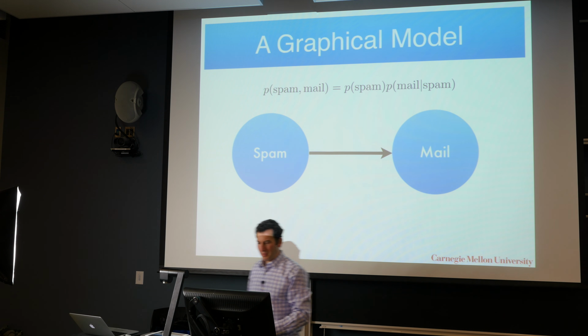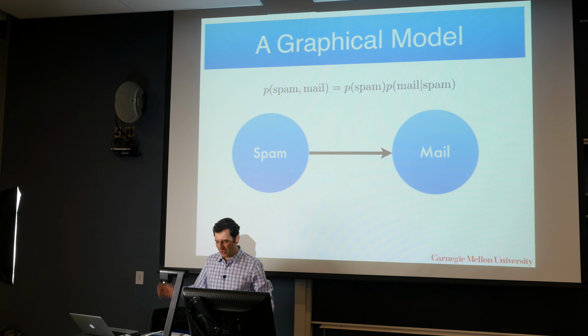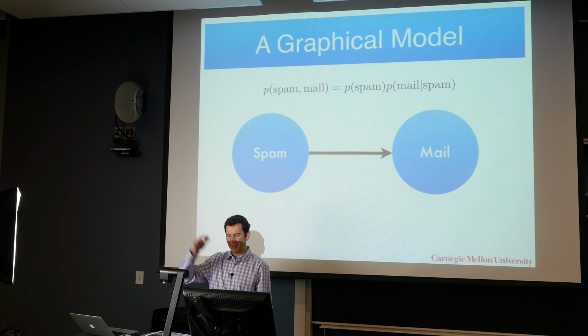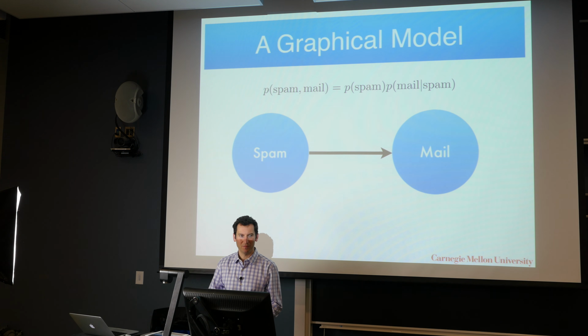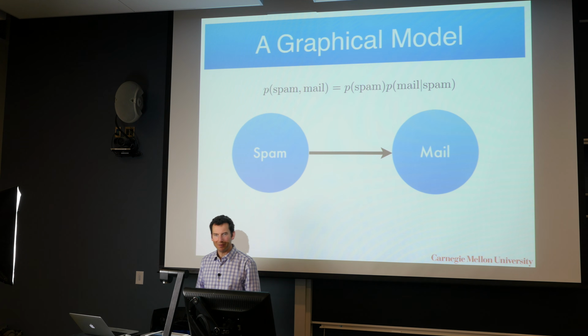So what you basically can now do is model the joint distribution over spam and emails as the probability of a spam times the probability, or the density in this case, of a particular email given spam or given ham. And so what we've just done is, intuitively, we've just looked at a special instance of Bayes' rule.